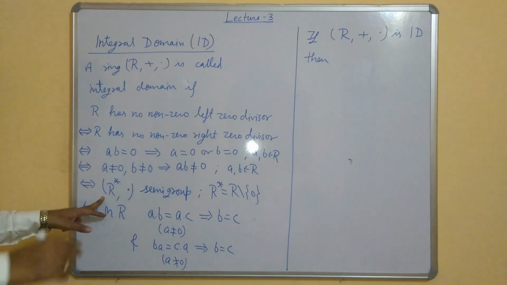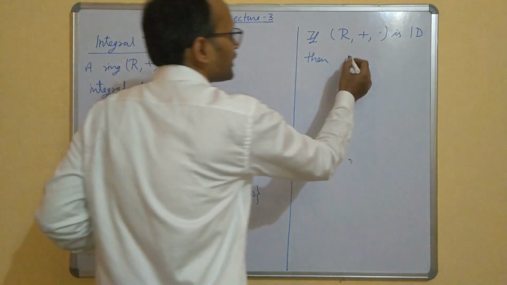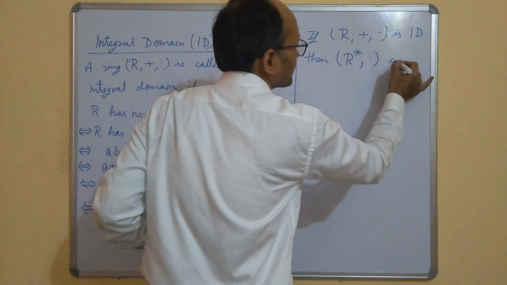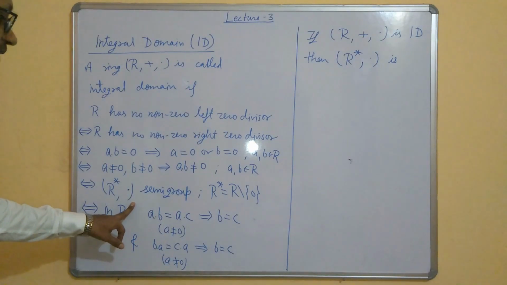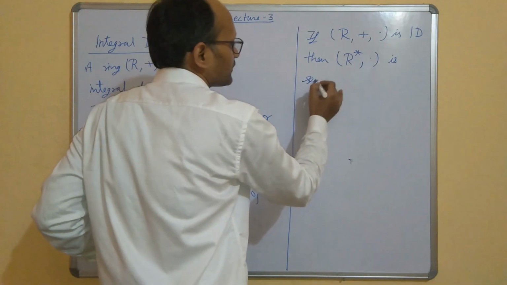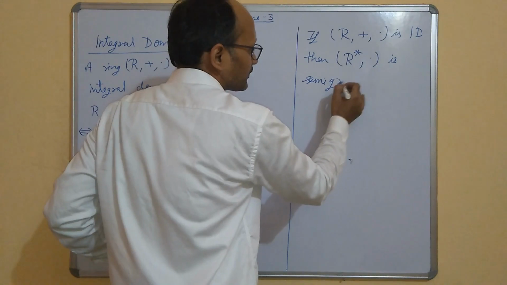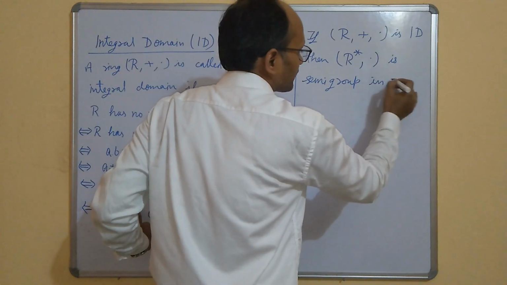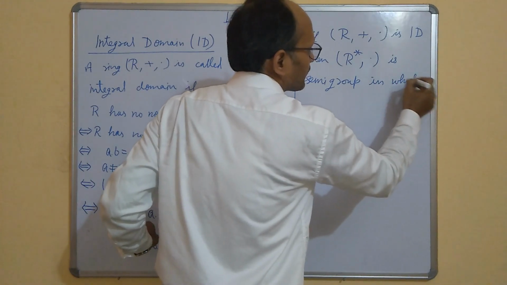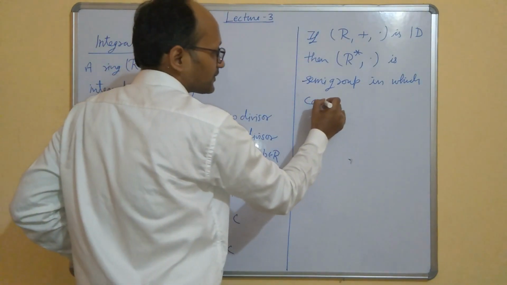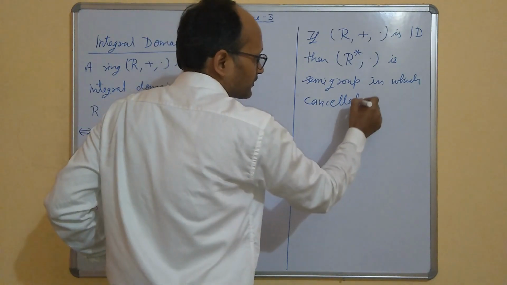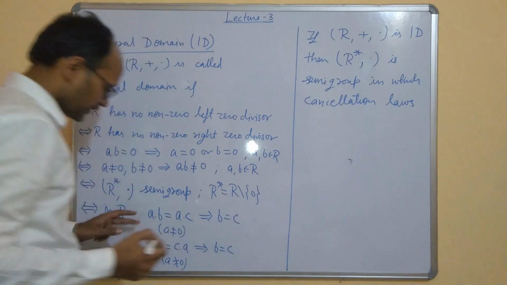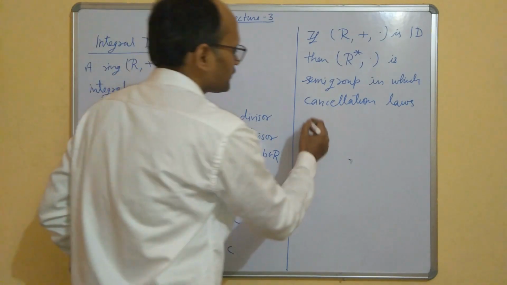So if R plus dot is integral domain, then R star dot is a semi-group in which cancellation laws hold, because there are two laws of cancellation, left cancellation and right cancellation.